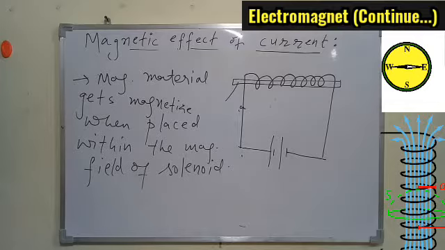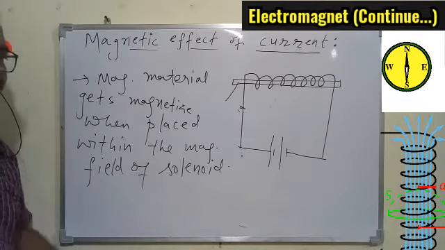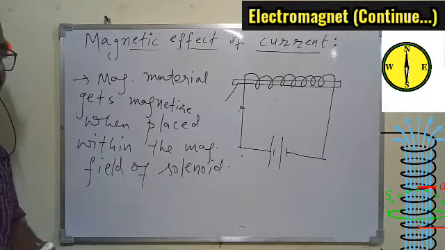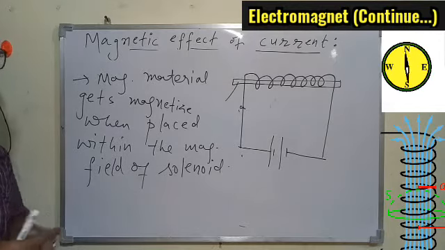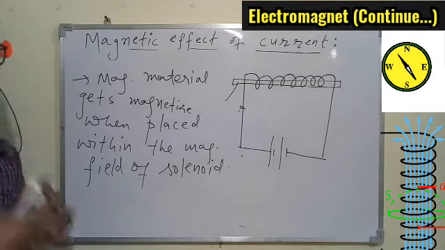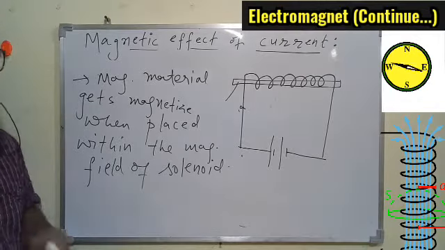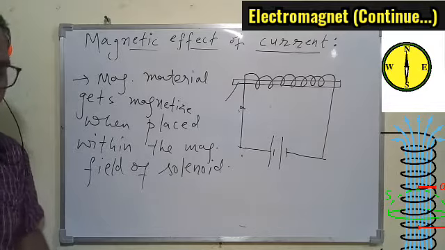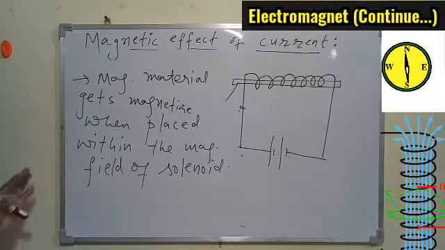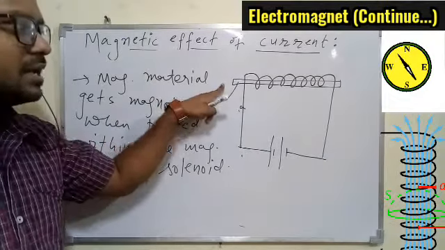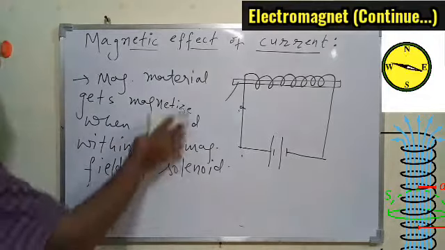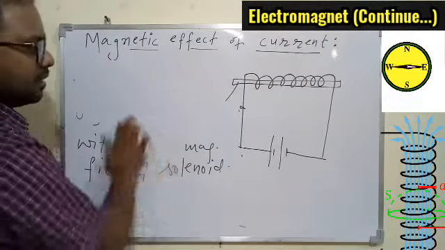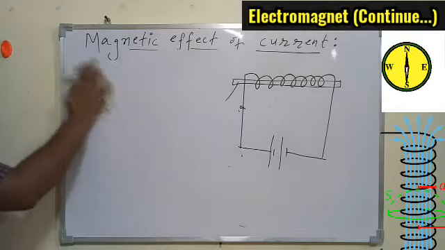Okay, so only this much you should know. We are not going to discuss the atomic structure, how they behave as a magnet and all, but you should remember, overall, any material behaving as a magnet, starting from the electron and then the entire material, that is always to be taken care of. So I hope you understood why this magnetic material gets magnetized when placed in the magnetic field of the solenoid.